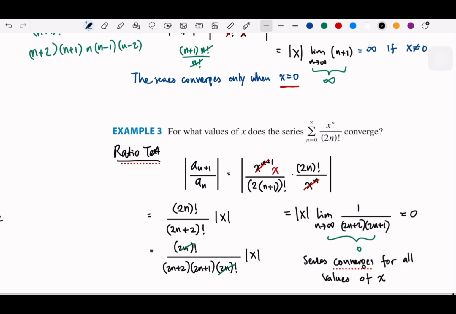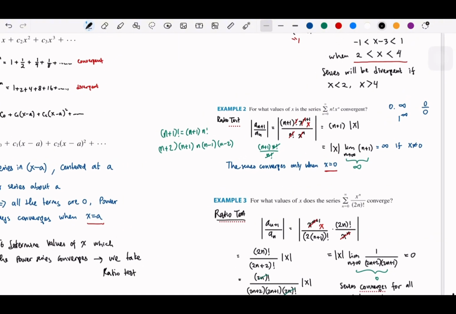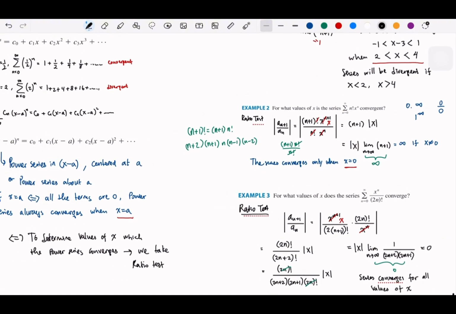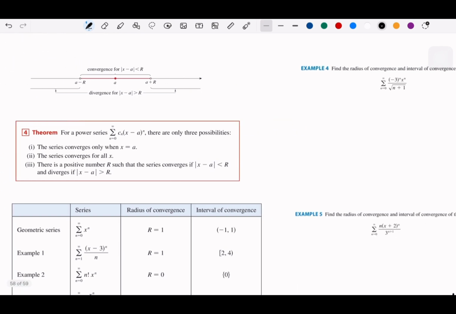Okay, now from these 3 examples, we can see that it can be an interval of convergence, it could be only x equals 0, or it can be for all values of x. So there will be three conclusions.